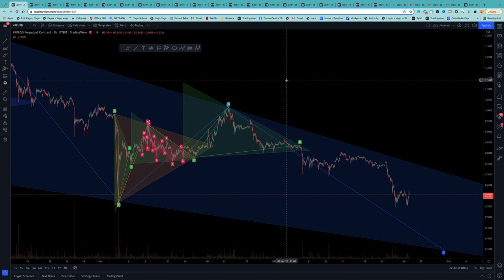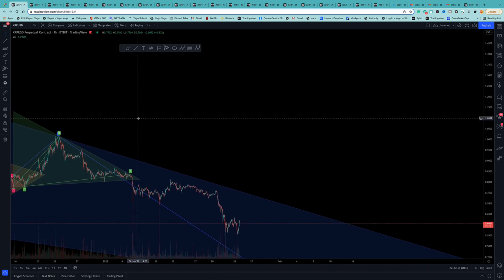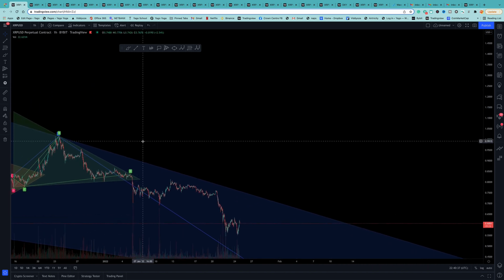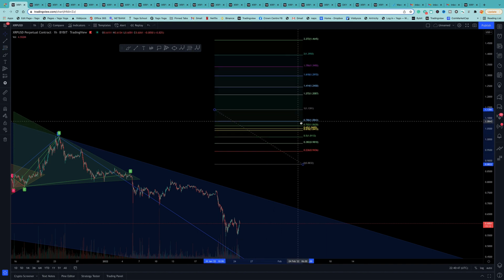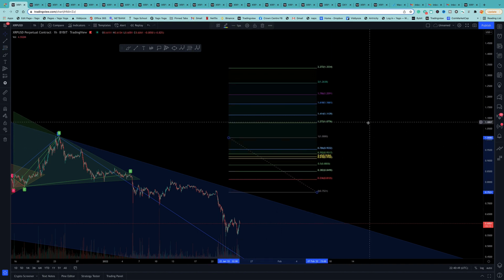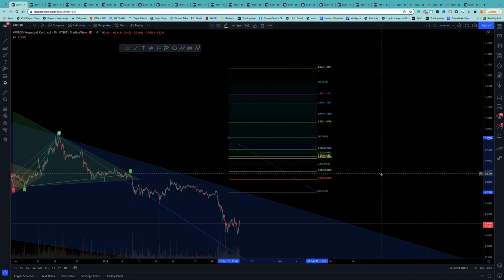The 618 as an impulse is the average one that it goes to. It's more often than not the 618. So when you're looking at the impulse and the correction, the 618 is the aggregator, the average.